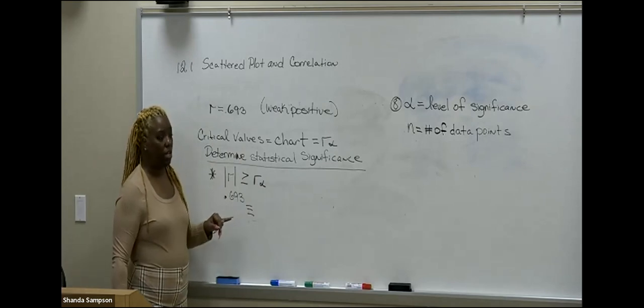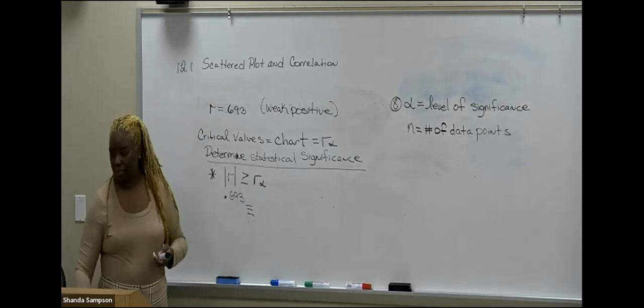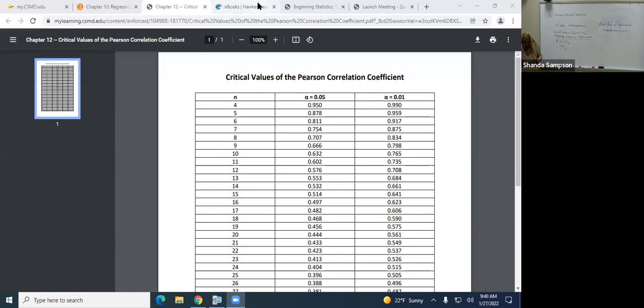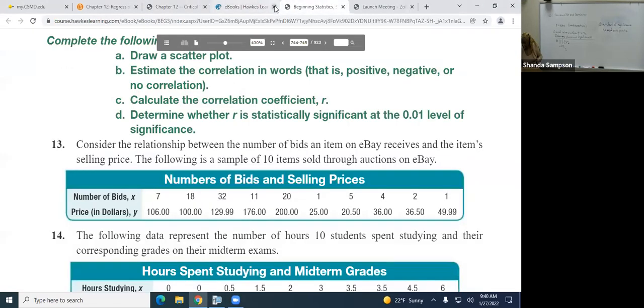We good? So our R alpha in the textbook, let's reshare the screen. In the textbook, it said that 0.01 level, right? So let's go to our chart and see what's up with that.